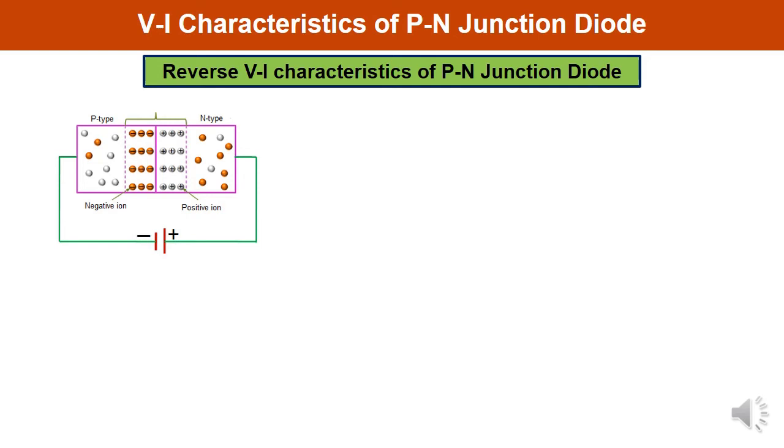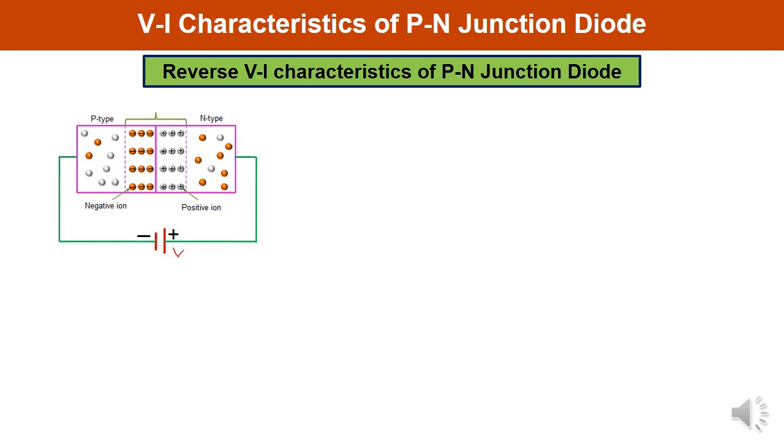In this case, you can see the depletion layer width is increased, and only a small amount of current flows, which is because of the minority charge carriers.